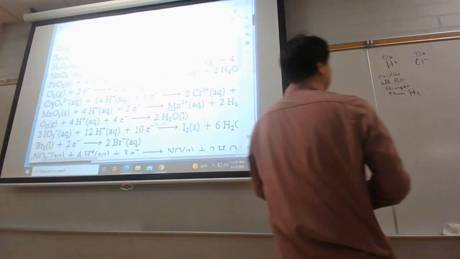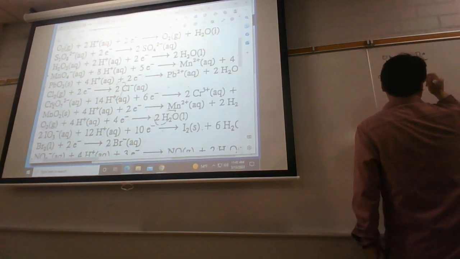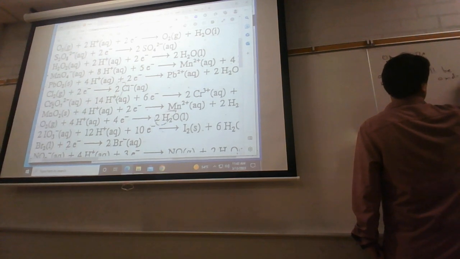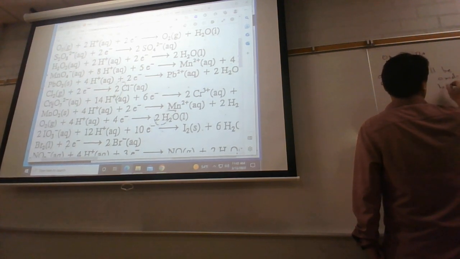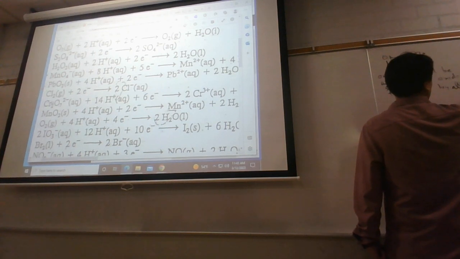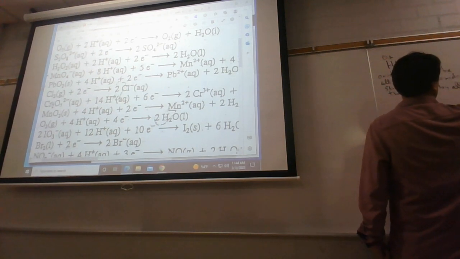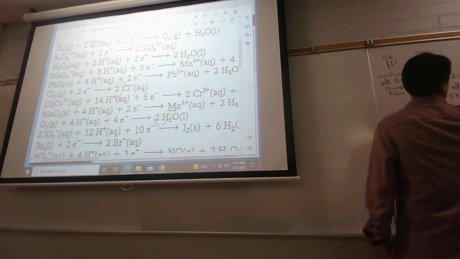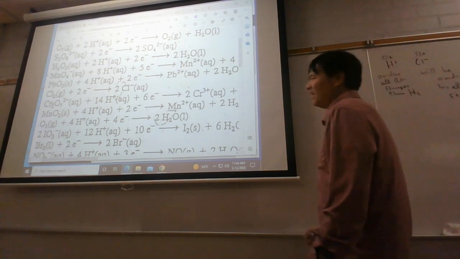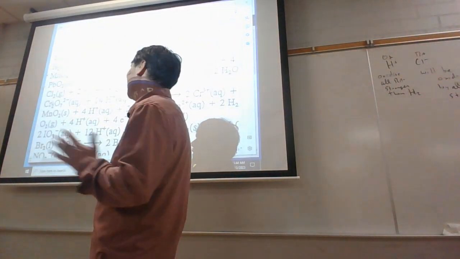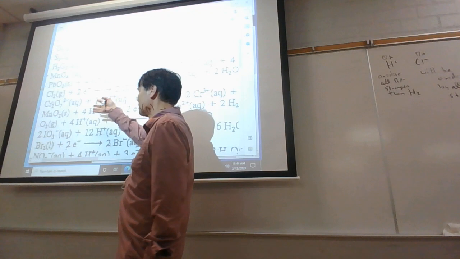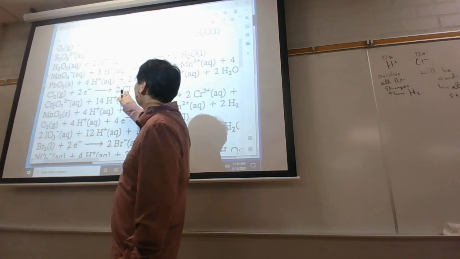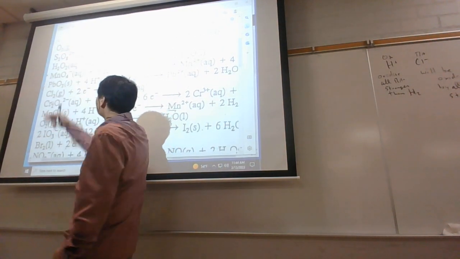So chloride will be oxidized by all oxidizers stronger than chlorine. And chloride will reduce any oxidizer stronger than chlorine.